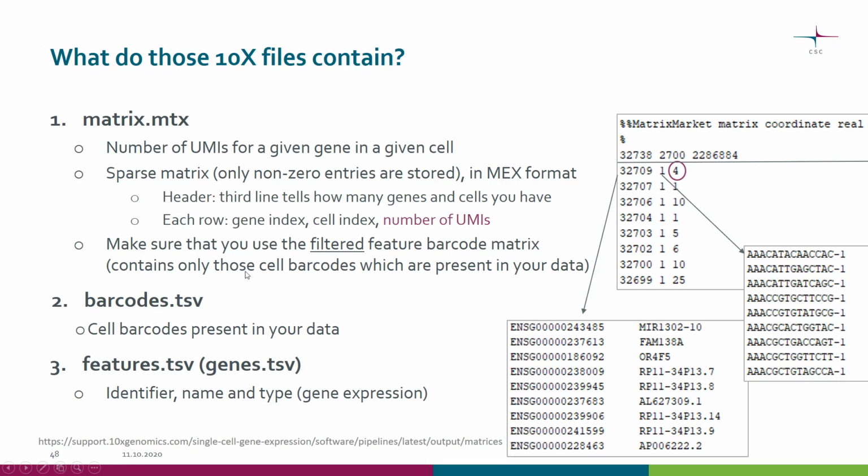It's important to remember, you will actually get 2 folders, and you need to take the one which has filtered barcodes rather than the raw barcodes. Filtered essentially means that we only have those cell barcodes that are actually present in your data, because otherwise you end up with this enormous matrix with all the possible barcodes that exist.